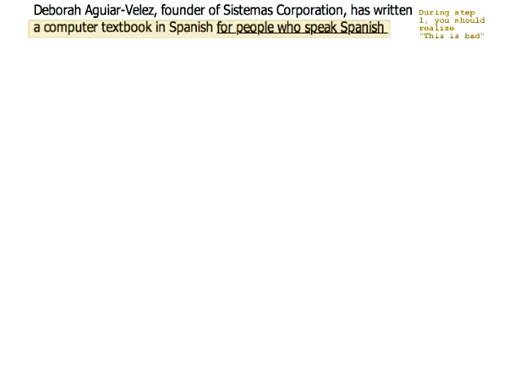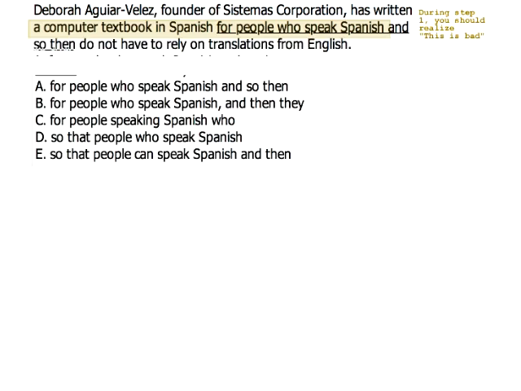Okay. Now let's talk about the rest of the sentence. So these are out anyway. This is double out because it's still the same problem, but also this ing is like for people who are actually speaking it in the time frame of the sentence. So that's also bad.